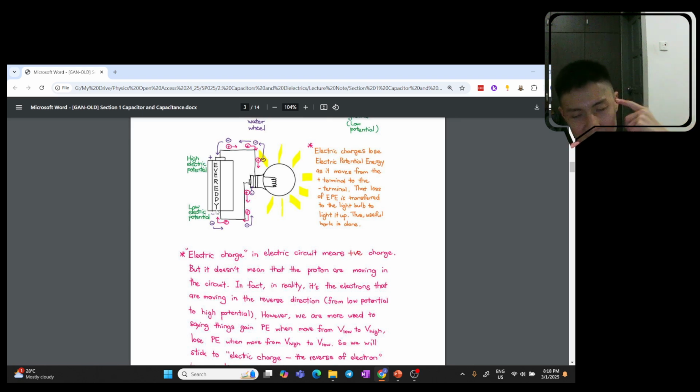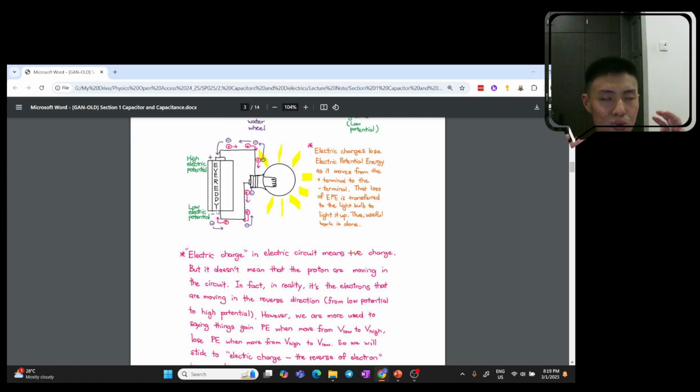So our head usually thinks that if something is falling, it will lose electric potential energy. But that's not the case. We say that a battery provides energy to let it gain electric potential energy. So in reality, when the electron goes from the high potential region to the low potential region, it is actually gaining energy, which is a bit counter to our logical thinking.